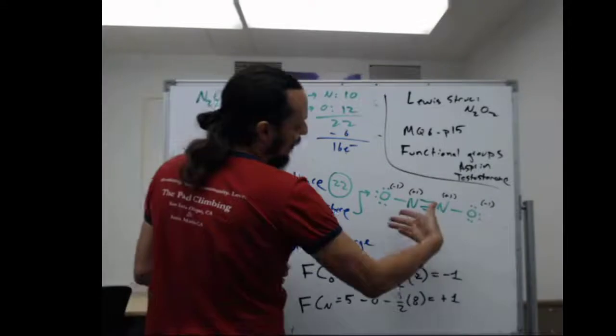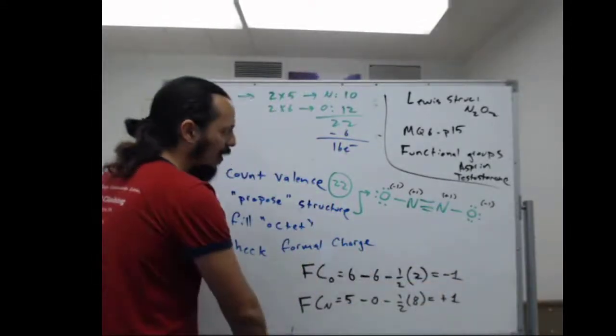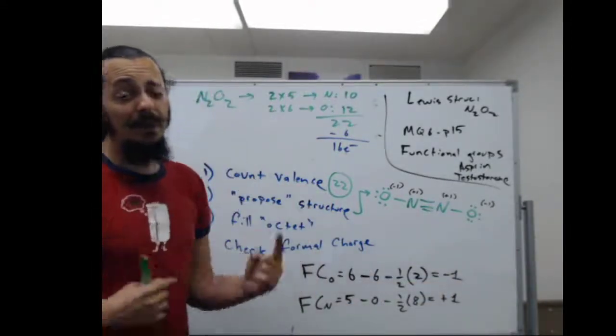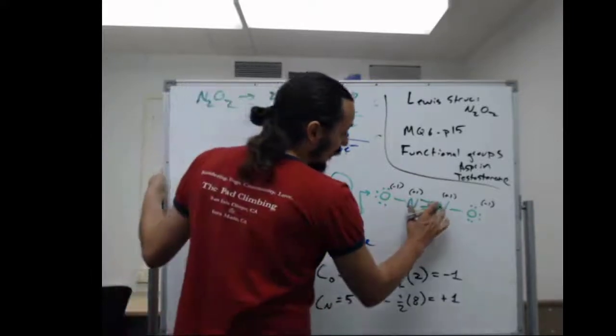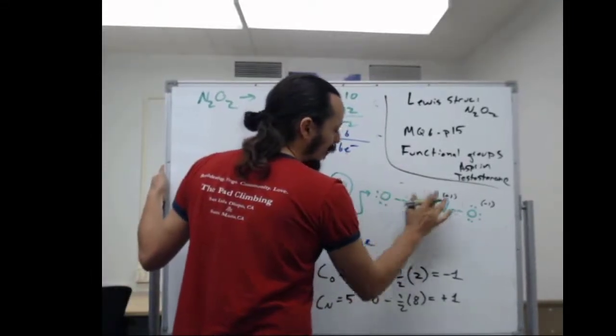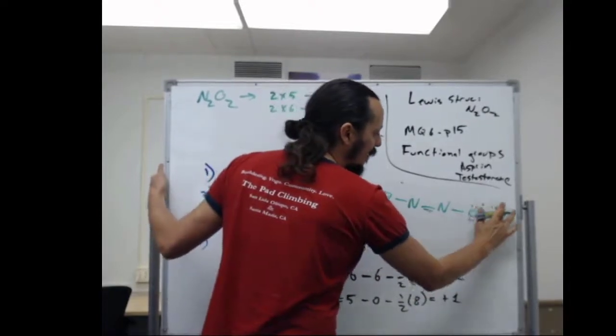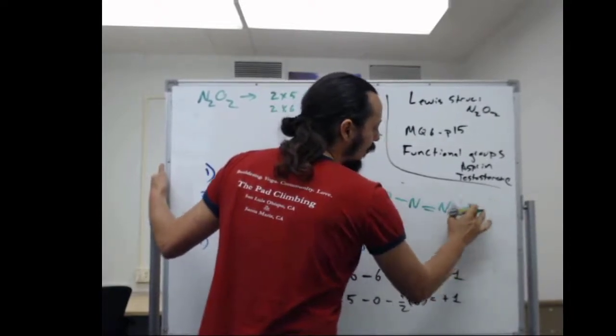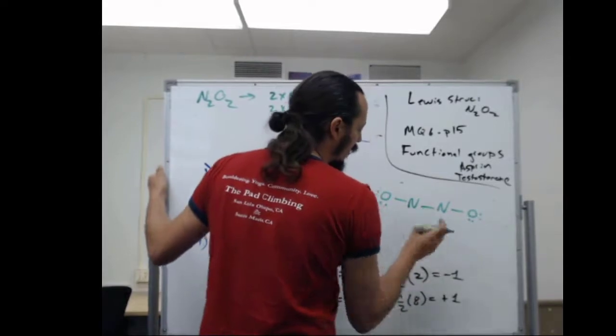We can see this and we can say, oh, there's got to be a way to get a better formal charge. After we realize that we have too much formal charge, we can go through and try to propose a new structure.